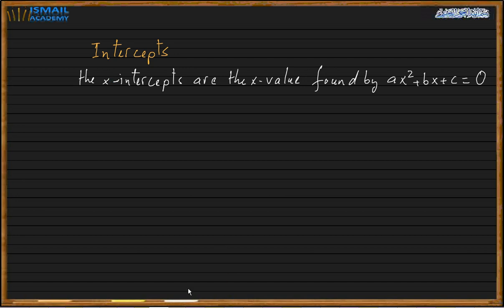So for example here, if I have a graph and I have this, you see, those points are called the x-intercepts. And the point that crosses the y-axis here, this one is called the y-intercept.